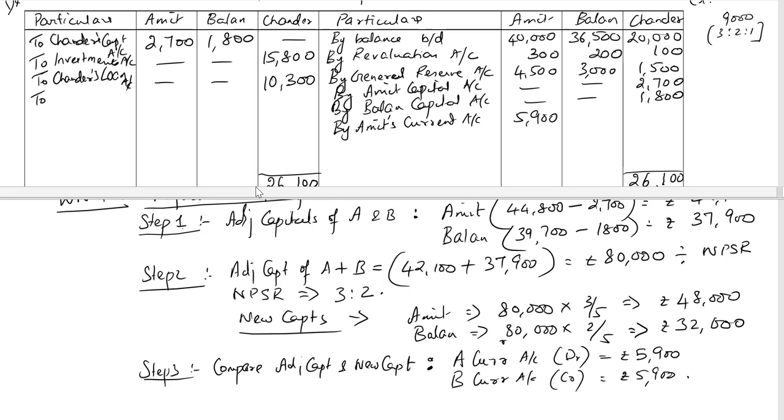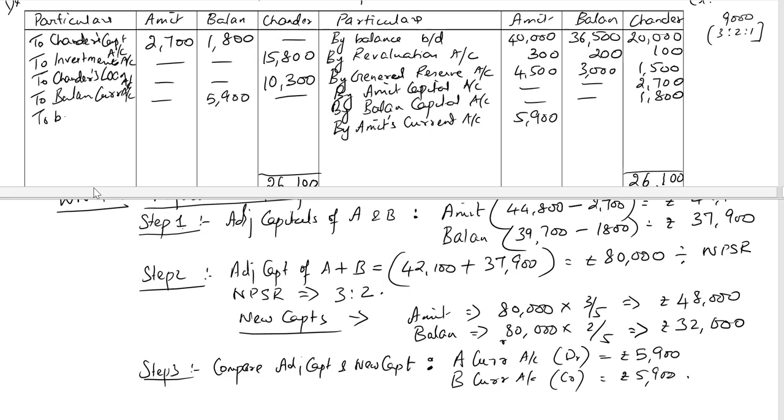And in the case of Balan, we will debit Balan's capital account and credit Balan's current account. So we'll debit Balan's capital account 5,900 rupees.